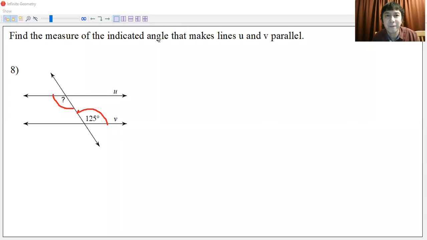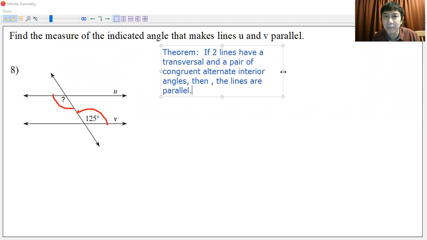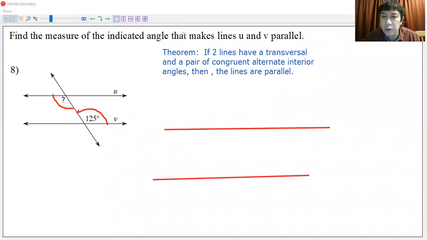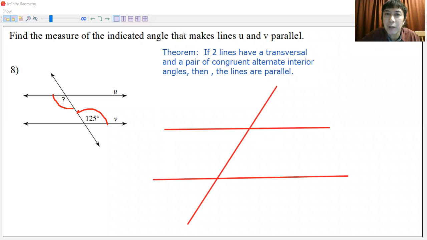So this is the theorem: if two lines have a transversal and a pair of congruent alternate interior angles, then the lines are parallel. Meaning if those two angles are congruent, equal, then these two lines are parallel.